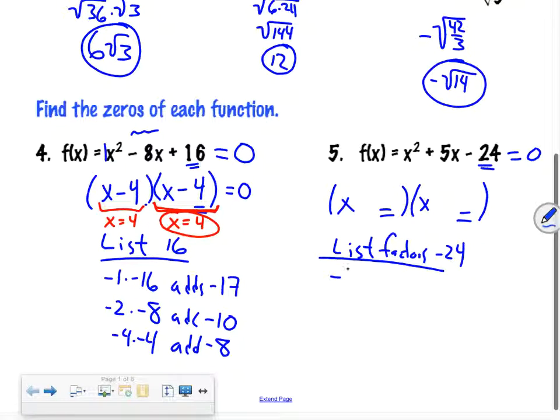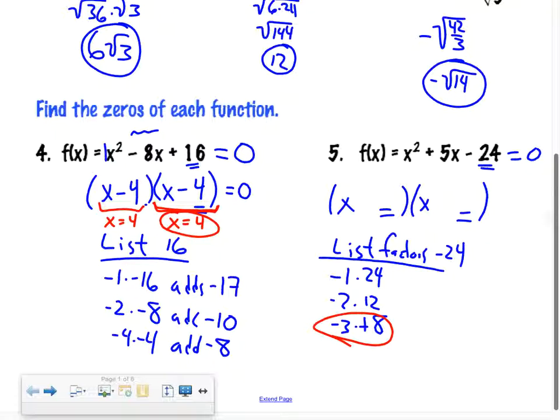Things like negative 1 times positive 24, negative 2 times positive 12, negative 3 times positive 8. I'm going to stop here because we're looking for factors that multiply to negative 24 that add to a positive 5, and we've just found them right here.